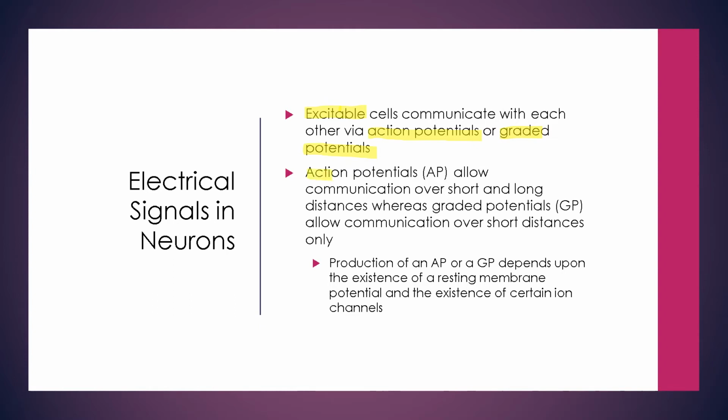Action potentials allow for communication over short and long distances, whereas graded potentials are really just used for short distance electrical communication. Action potentials are more so used for long distance, but can also still be used for short distance.